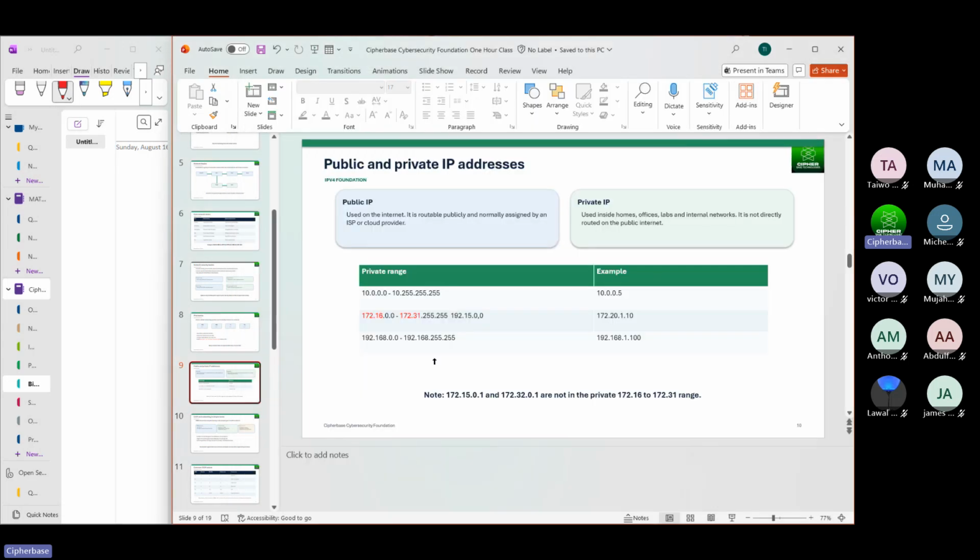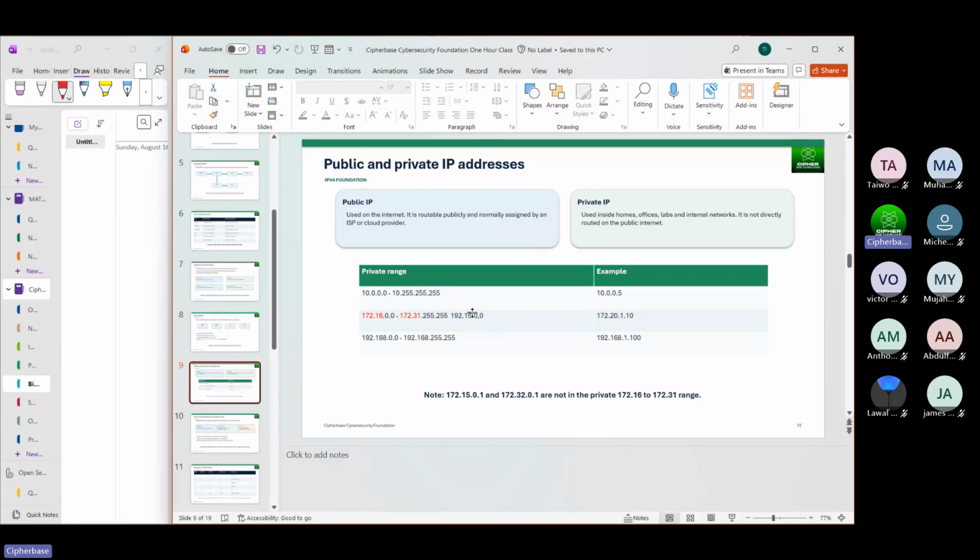From here now, you will notice on this screen that I said use inside homes. That is, the IP that you are using is private IP. In your home, in your offices, in your lab, all those are private IP.